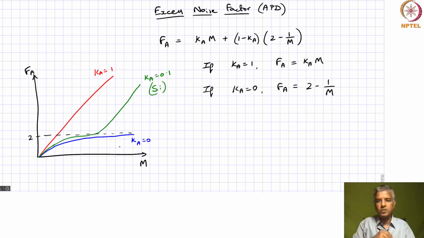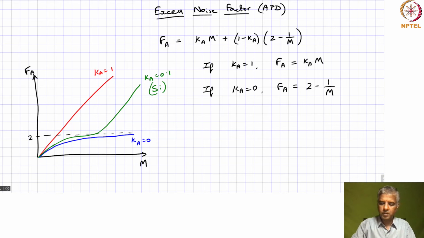So, this is Ka equal to 0. Okay. So, what it says is that it behaves like an ideal Ka equal to 0 type of thing for low values of m. So, that is very good, but beyond a certain point, as you increase m, you are starting to also scale up in F(a).